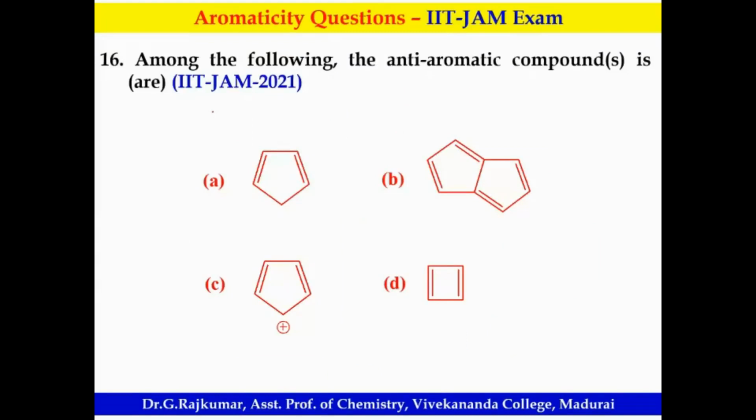This is a JAM 2021 question. Among the following, the anti-aromatic compounds. This is a multiple select question. More than one option will be there. This is anti-aromatic. B and D. A is non-aromatic, right?